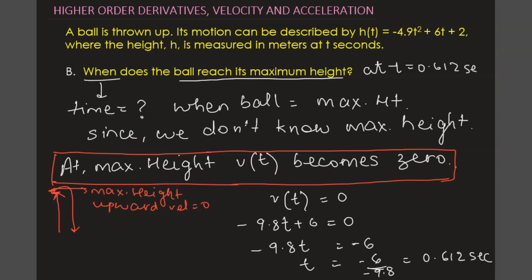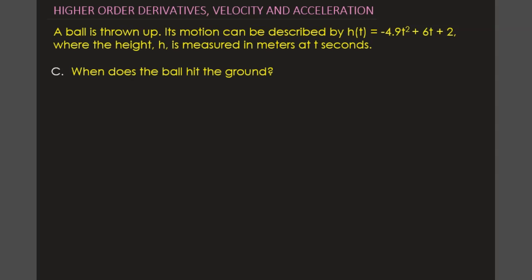Here we can conclude that the ball reaches its maximum height at time equal to 0.612 seconds. The next part of the question wants us to find when the ball hits the ground. Now when the ball hits the ground, the height of the ball becomes 0. So all we have to do is put the height equation, which is negative 4.9t squared plus 6t plus 2, equal to 0, and solve for t.